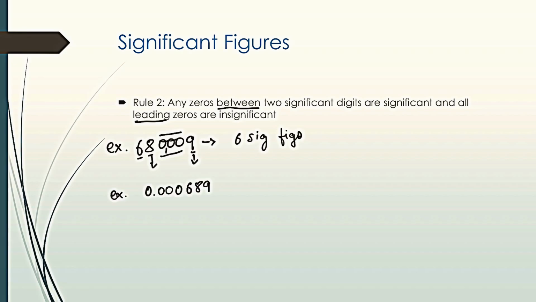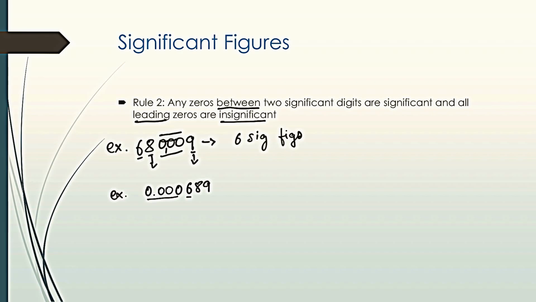Now let's talk about the second half of the statement, and that has to do with the leading zeros. And so the term leading zeros means the zeros that lead to the first significant digit in my number. In this case, that number is 6. So how many zeros do I have here? I have 4 zeros. And what does the rule tell me? It tells me that they are insignificant, which means I'm not going to count them.